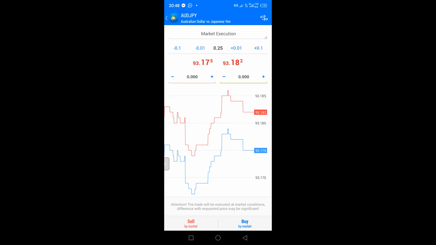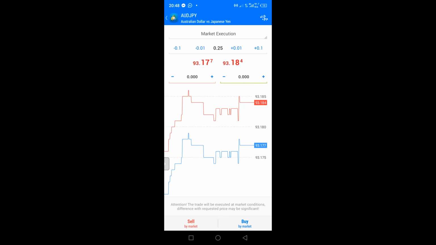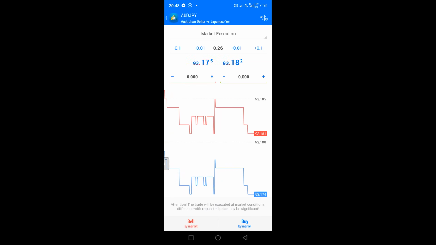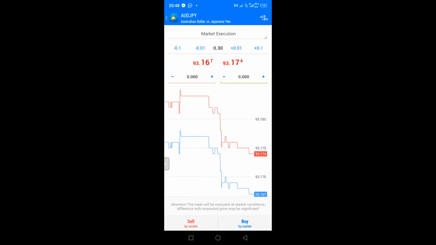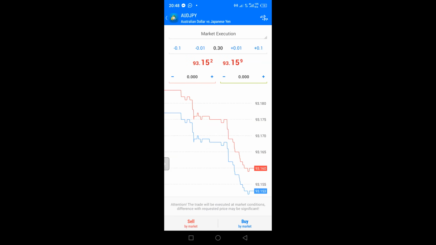Now, of course, if I want to increase this to 0.3, I can simply click on plus 0.1, plus 0.2, like that. Keep clicking on the plus 0.01 until I get to my desired lot size, right?